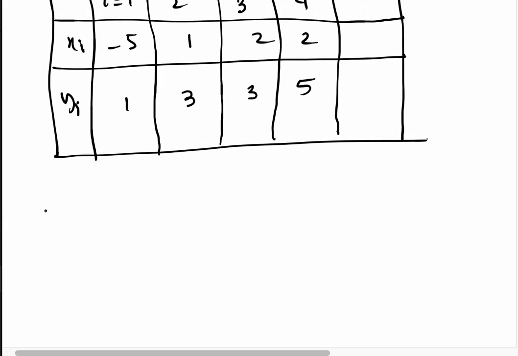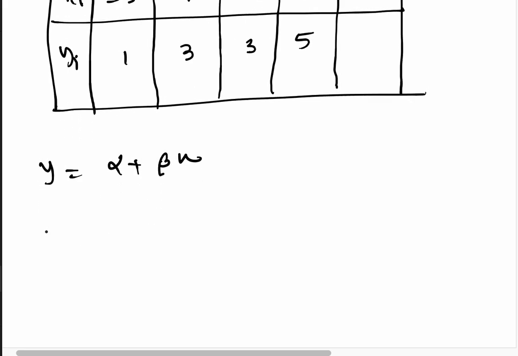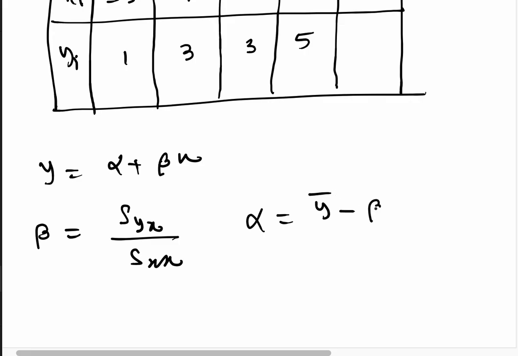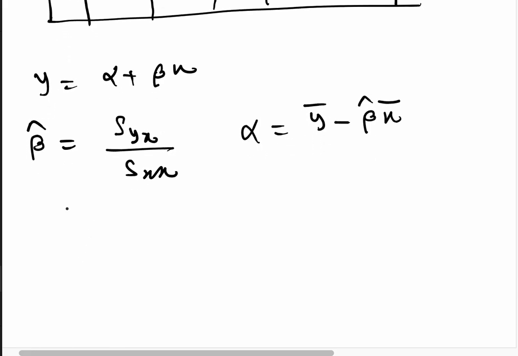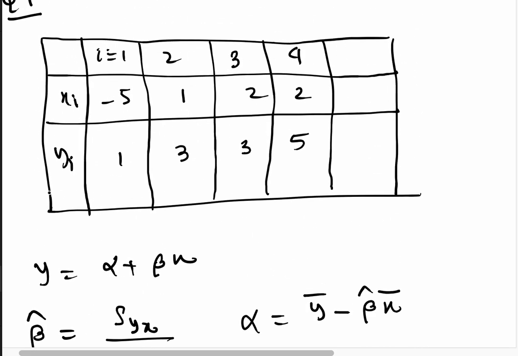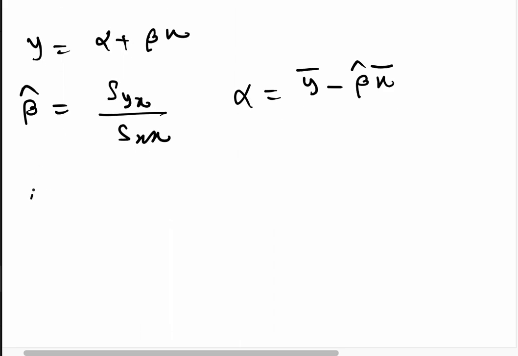So we know that y equals alpha plus beta x, where beta can be estimated by syx by sxx, and alpha is y mean minus beta cap x mean. Now let's calculate the beta. First calculate syx.